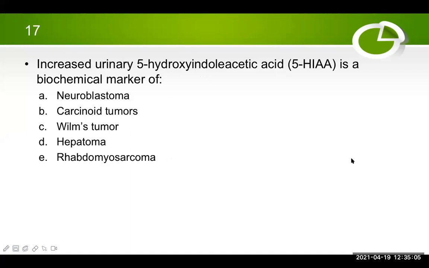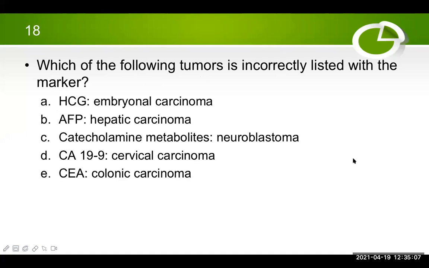It's quite an easy one. Which of the following tumors is incorrectly listed with the marker? Now you may need a little bit of time here. So let's go through them.